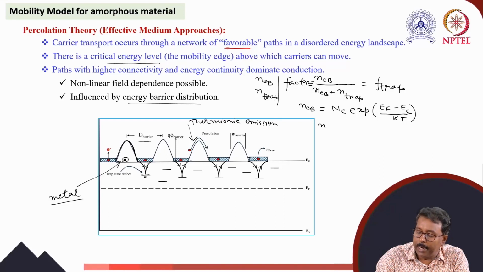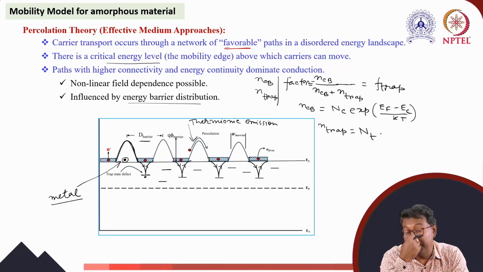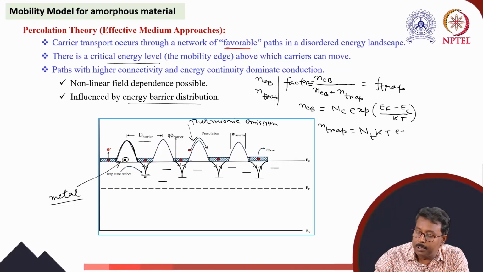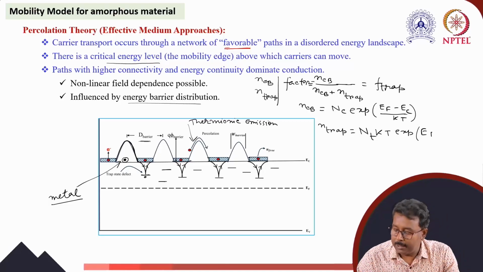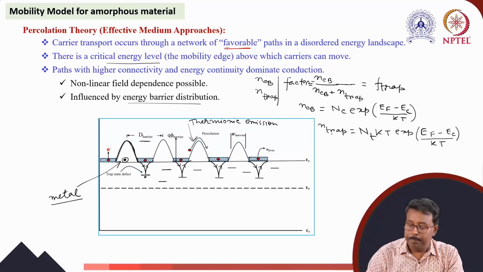Similarly N trap can be written with NT, the effective density of states of the trap states at the energy level ET, so N trap is equal to NT exponential of EF minus ET by KT.